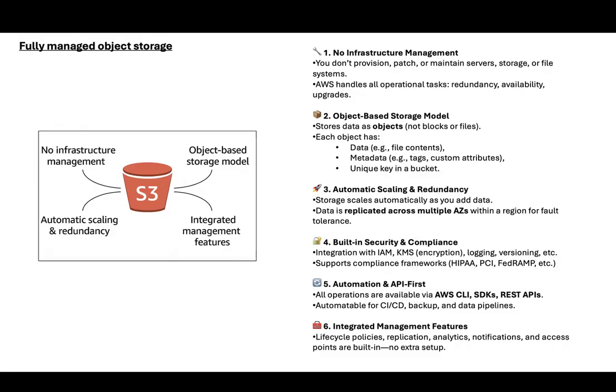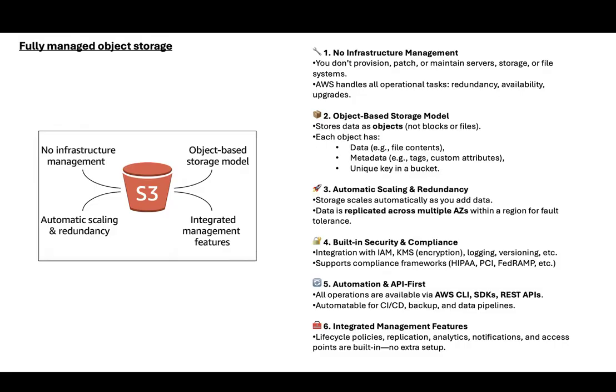Let me point out Boto3, one of the Python SDKs or modules which supports this. It is also highly automatable using CI/CD pipelines, so your data pipelines and backup pipelines can be automated using CI/CD pipelines.